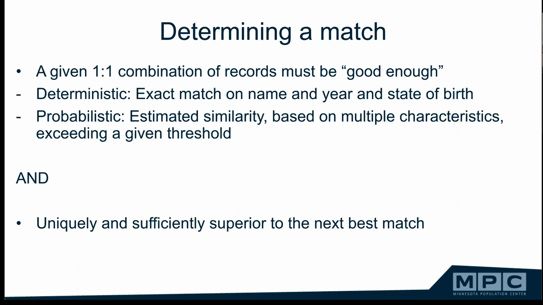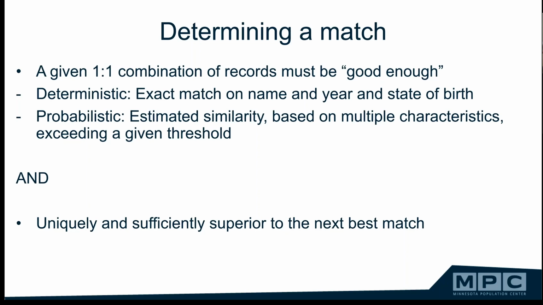And in order to determine a match, two criteria need to be fulfilled. First, a given one-to-one combination of records. So again, if we're talking about 1900 and 1910, a given one-to-one combination of 1900, 1910 records must be considered good enough, all right?